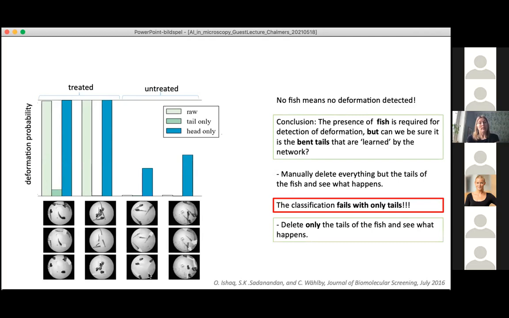And when we fed the network only with fish heads, we could all of a sudden classify them as treated or untreated again. Not 100% sure, but fairly well. So this really confused us, that it worked with the heads, but not with the tails.